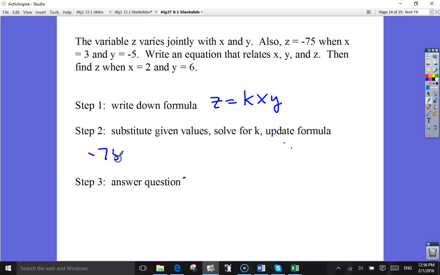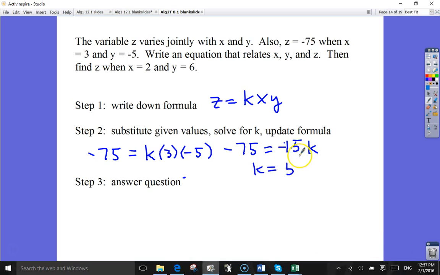Negative 75 equals K times 3 times negative 5. So negative 75 equals negative 15 times K. So K equals 5.